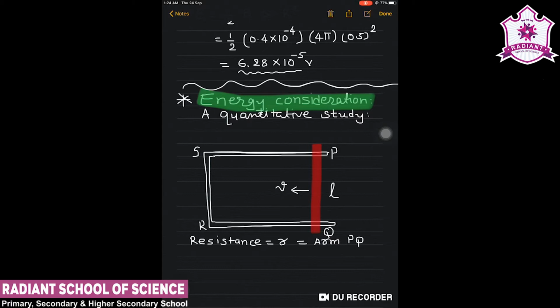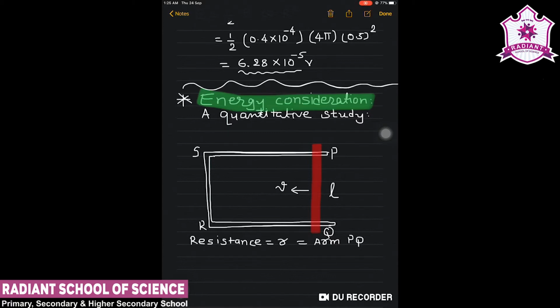Thus the overall resistance of the rectangular loop is R, and this does not change as the PQ rod is moving inside, and the current I in the loop will remain as it is.